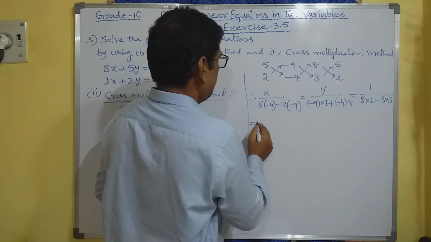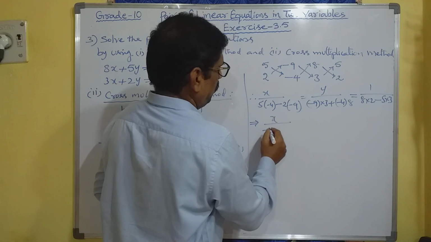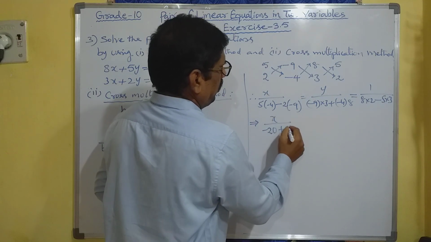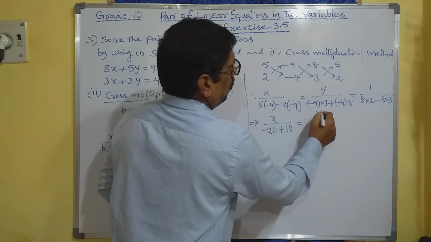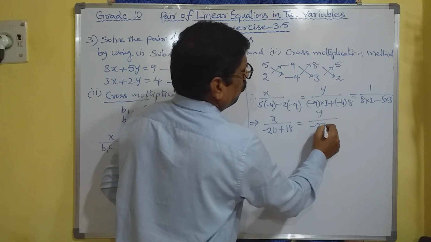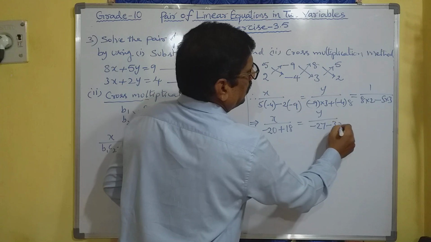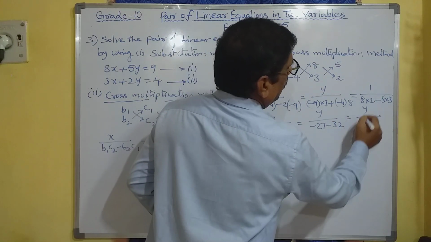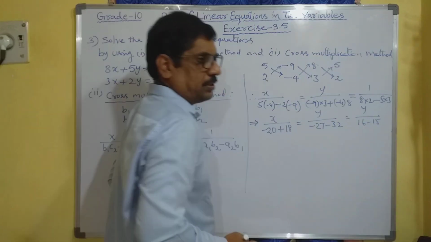So we get x by minus 20 plus 18, y by minus 27 plus 32, 1 by 16 minus 15.